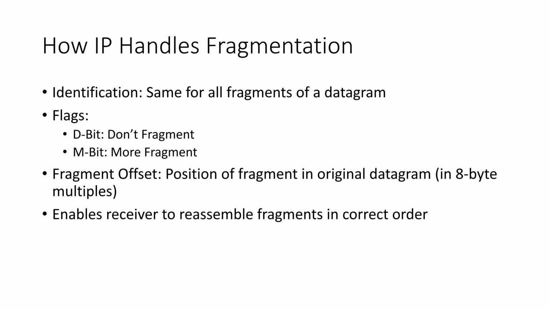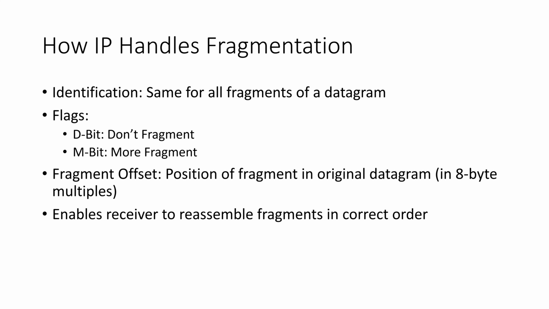Now, when fragmentation occurs, IP uses three fields to manage it. One is identification. Each datagram gets a unique ID. Fragments of the same datagram carry the same ID. And the flags: there are three flag bits, but only two of them are defined.